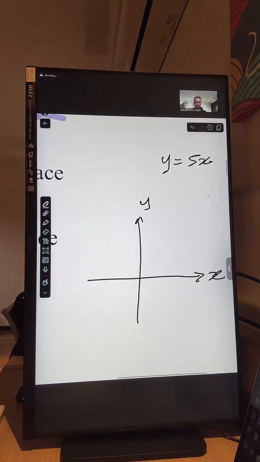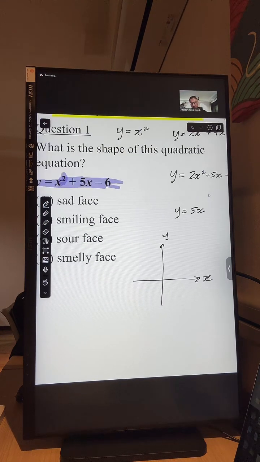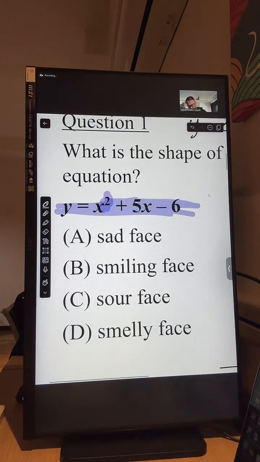So how does the quadratic function look if it were in this form, y equals x squared plus 5x minus 6? We've got 4 options here: sad face, smiling face, sour face, and smelly face. I'm not sure what a smelly face is. I didn't come up with this question.